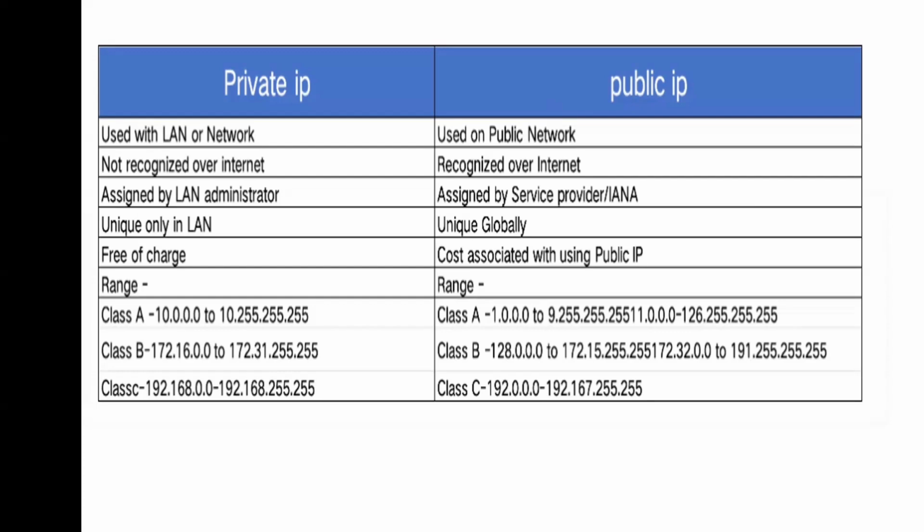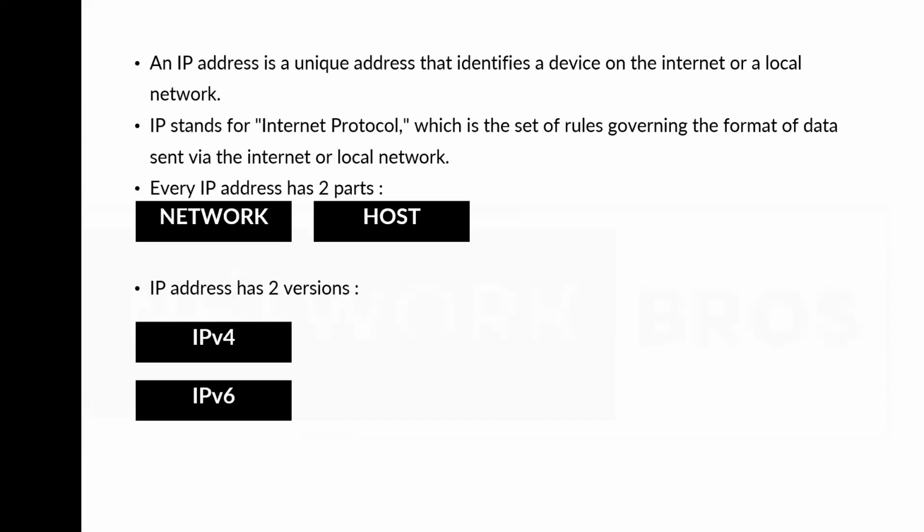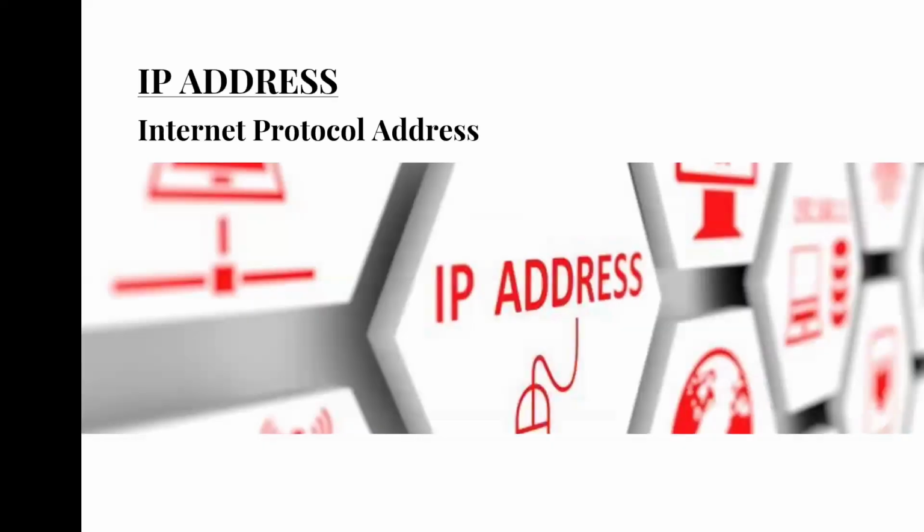Now we know that there are two sets of IPs: private IP and public IP. I hope if some interviewer asks you this question, you will be able to answer: what is public and what is private? Okay, now there is one more. I'll come to the troubleshooting aspect later.